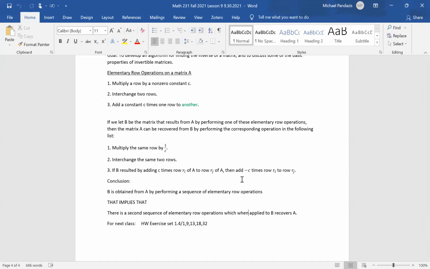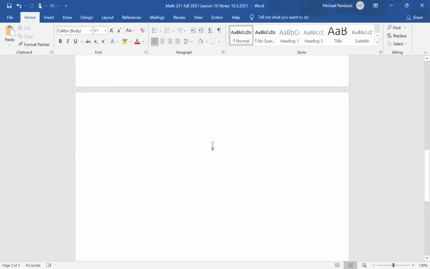Okay, so this class we're continuing from there. We're going to start with a definition. Definition. Matrices A and B are said to be row equivalent if either, and hence each, can be obtained from the other by a sequence of elementary row operations.